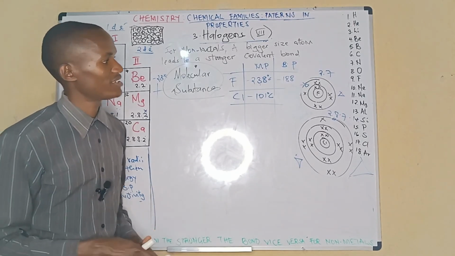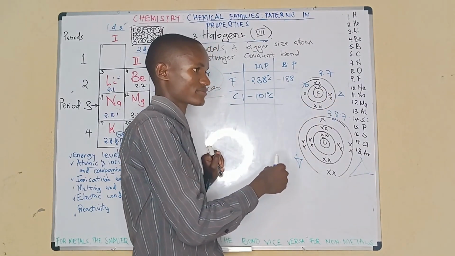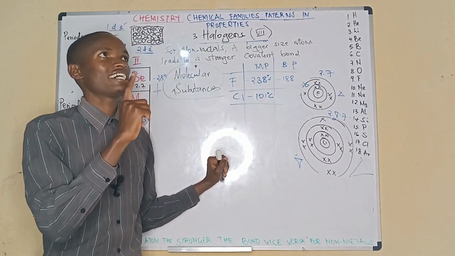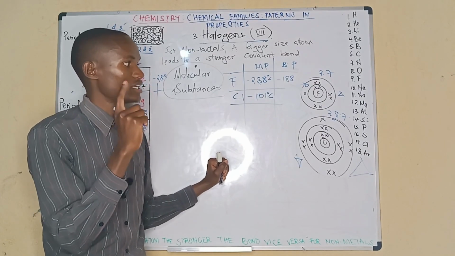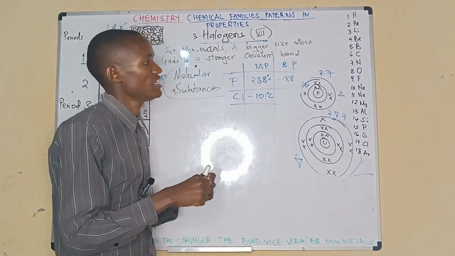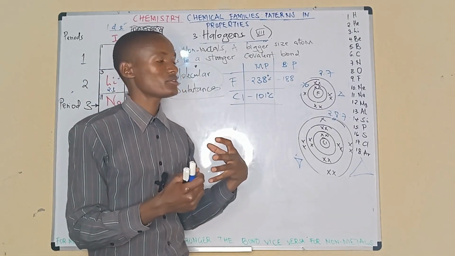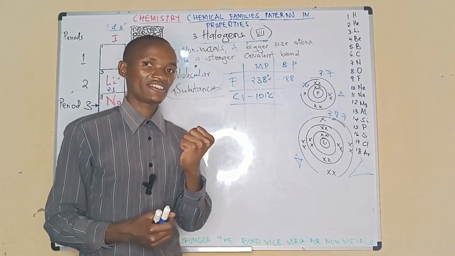Okay, let us reason out. Fluorine has 9 protons, 9 electrons. And therefore, the nuclear attraction is higher in fluorine, simply because of a higher nuclear charge.